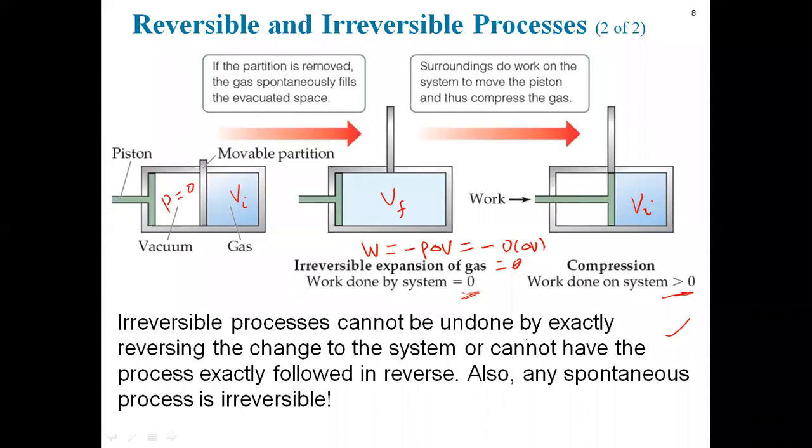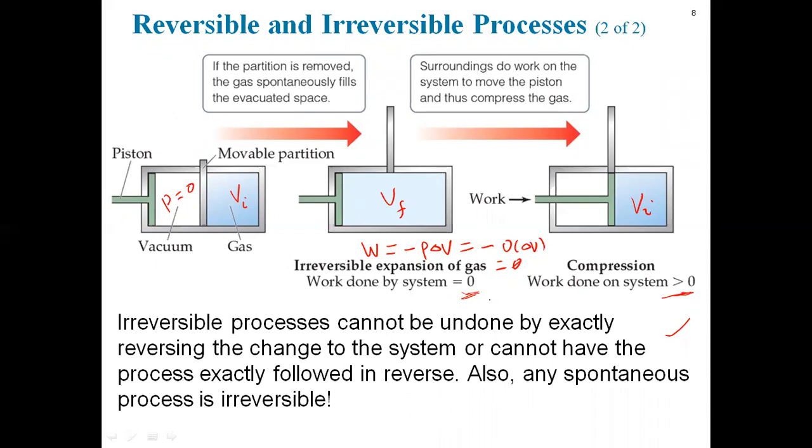That means even though you recover the system into the initial state, the initial volume, temperature, and so on, something that happened to the surroundings cannot be restored. The reason is, in this example, the work done by the system in the expansion process is zero, and reversely it is not zero.